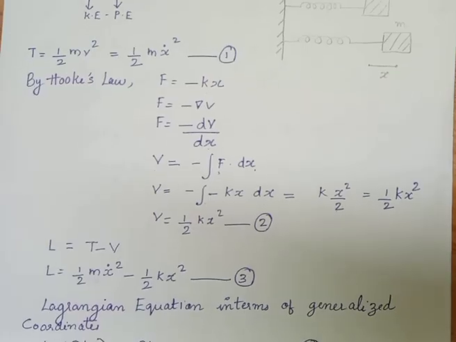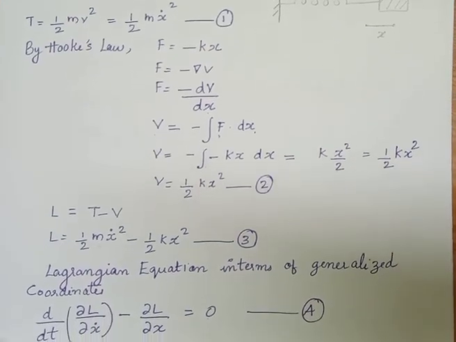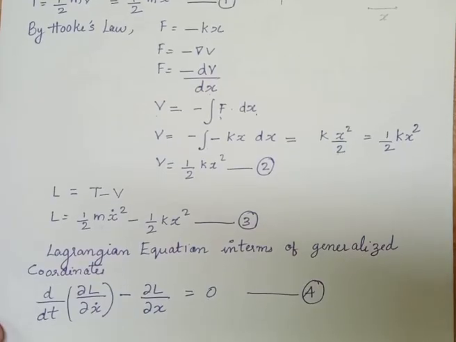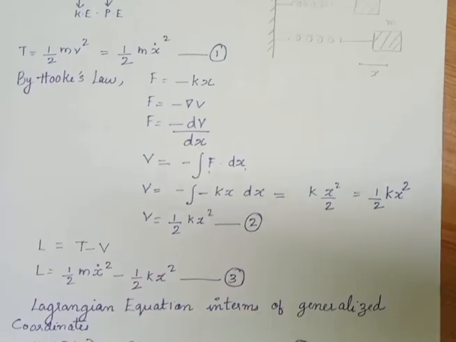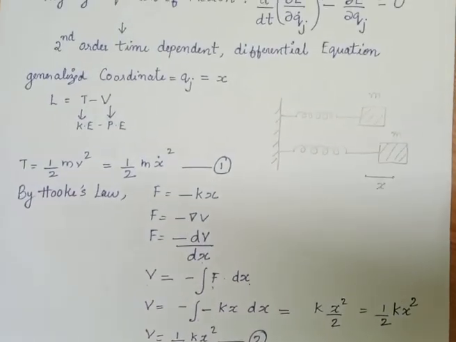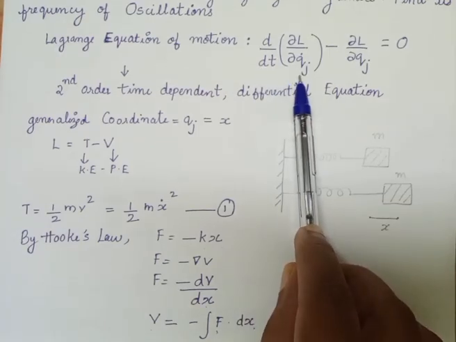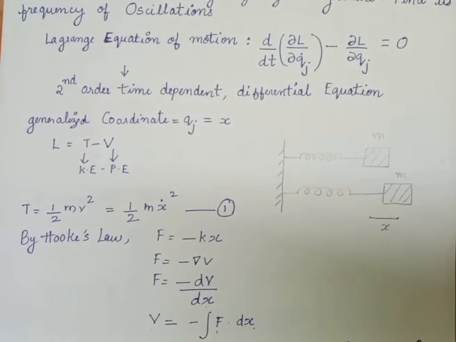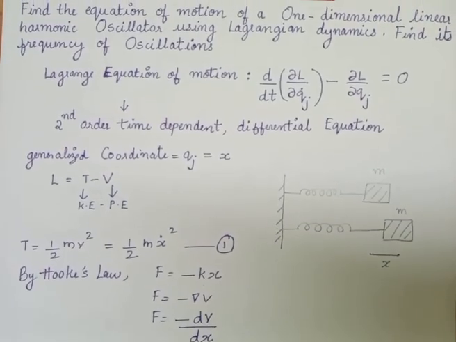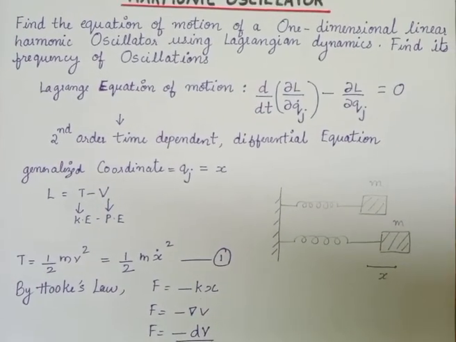The Lagrangian equation in terms of the generalized coordinate can be written as d by dt of ∂L by ∂x dot minus ∂L by ∂x equal to 0, which can be marked as A. This equation is obtained from the Lagrange equation of motion we wrote earlier, that is d by dt of ∂L by ∂Qj dot minus ∂L by ∂Qj equal to 0.